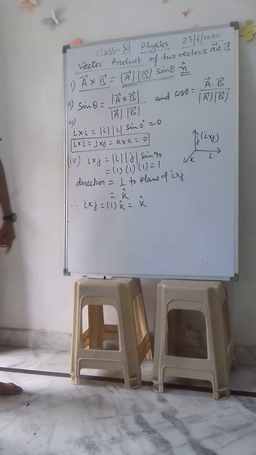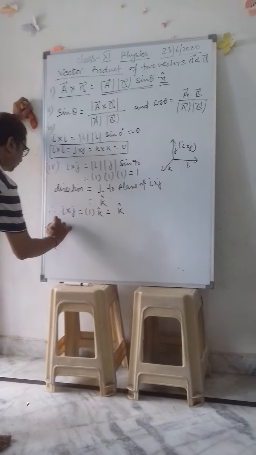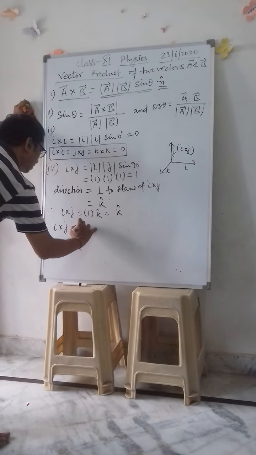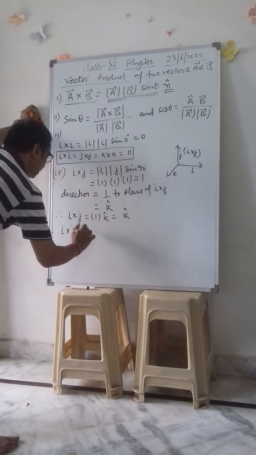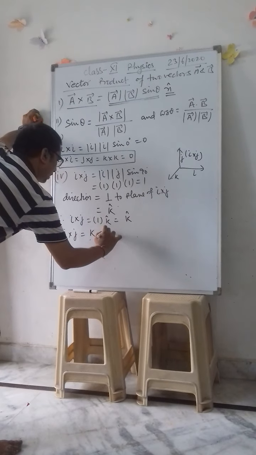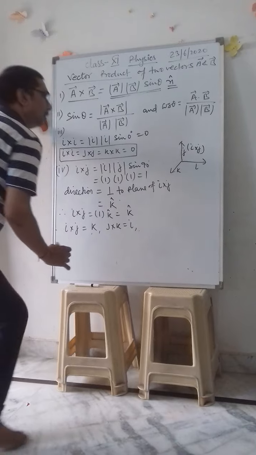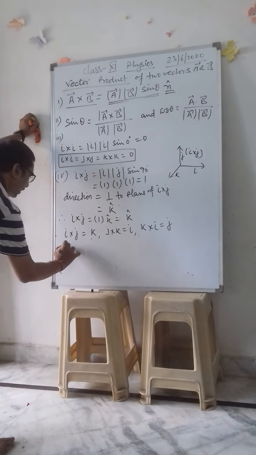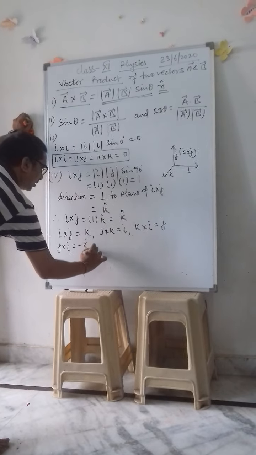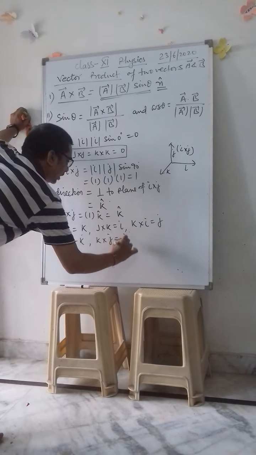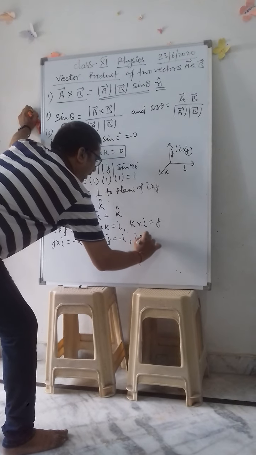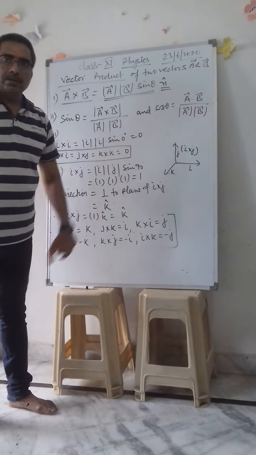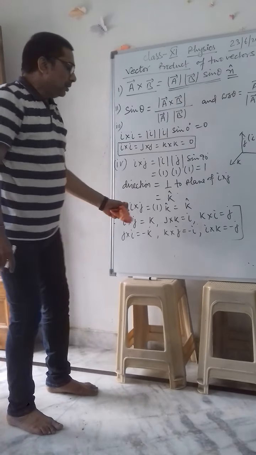Okay. Similarly, I cross J is equal to K, J cross K is equal to I, and K cross I is equal to J. And just opposite, J cross I is equal to minus K, K cross J is equal to minus I, and I cross K is equal to minus J. These are the important relations between different unit vectors I cross J, J cross I, and others.